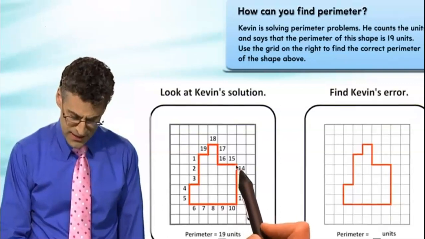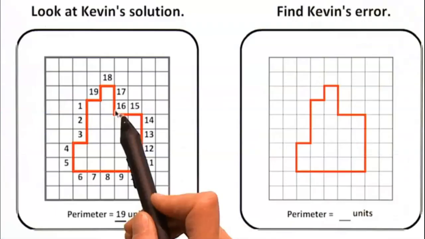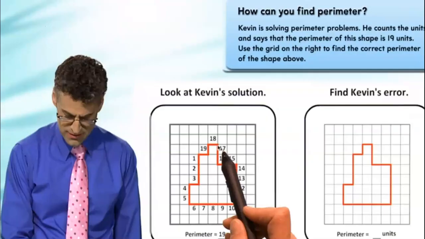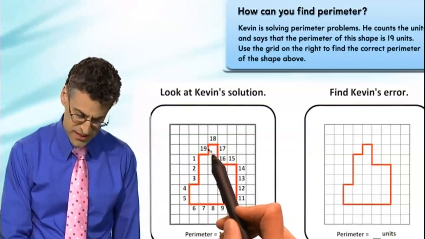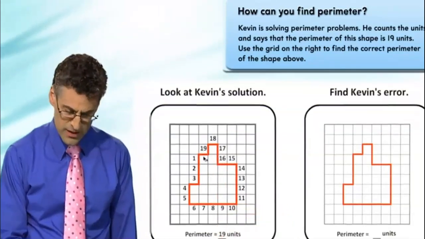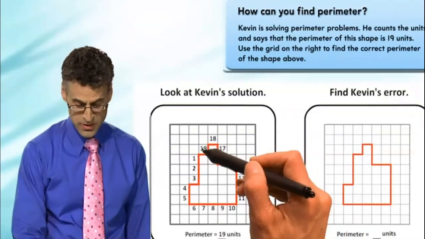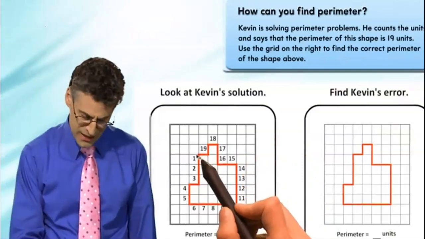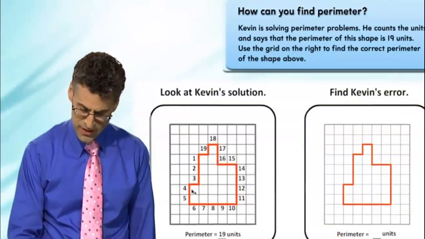And then when we come back up to here, notice he makes the same mistake again. He calls this 16, but then he never counts this one. He goes right to this one to say 17. And then over here, he calls this 19, but then he never counts that one. So it's not just a matter of counting the squares around, which is what he did. That's not quite perimeter. Perimeter is the length of that border, the length of that boundary, that outside length.